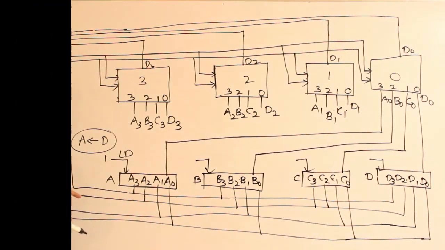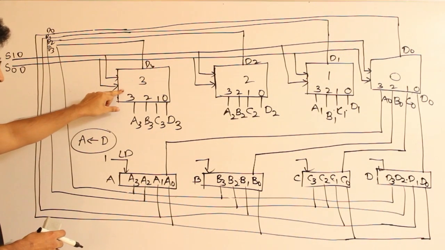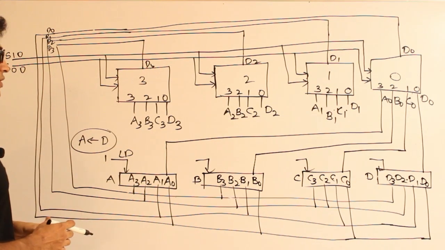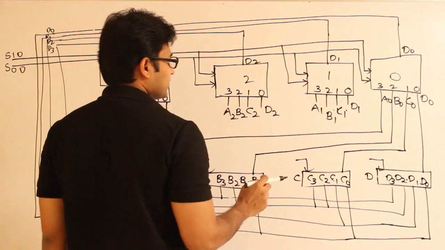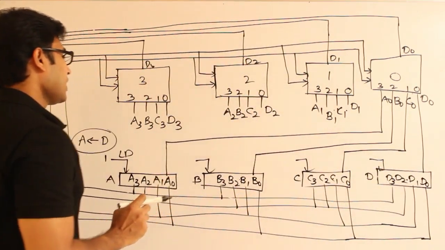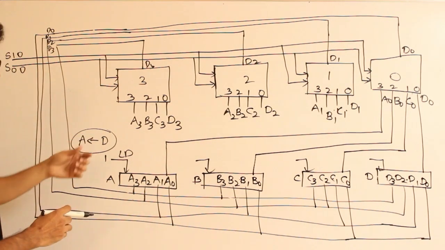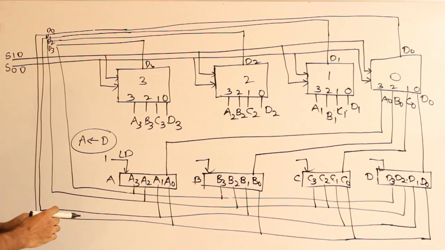Therefore, the number of multiplexers is equal to the size of one register, and the number of inputs for a multiplexer is equal to the number of registers.